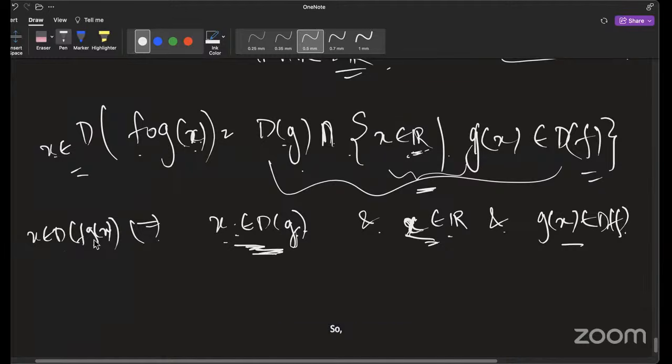So how do you get this? First, you need to make sure that you can apply G to it. That means x is in the domain of G, and then you need to make sure that you can apply F to g(x). That means your g(x) is in the domain of F. They've just written this entire thing in a set form. That's all.